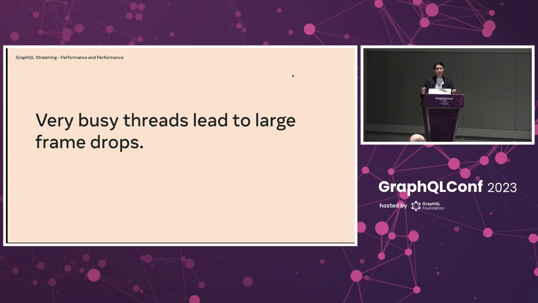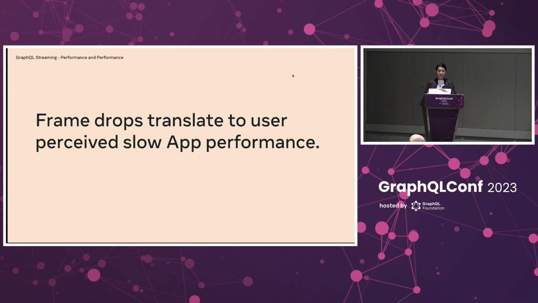Even if you implement it very carefully, you have very busy threads that handle updates, right? Because a network update is coming in, some code is gonna run to handle those updates. They lead to large frame drops.